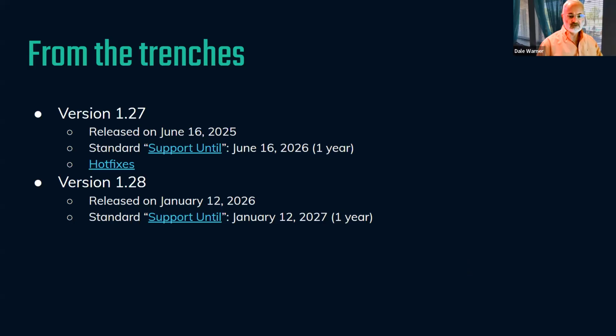Version 1.27 was released in June of 2025, and so our standard support window is 1 year out. So that'll be supported at least through June of 2026, June of this year, and there are some hotfixes for that. And then the current version was released January 12th, so that'll be supported at least through January 12th of 2027.